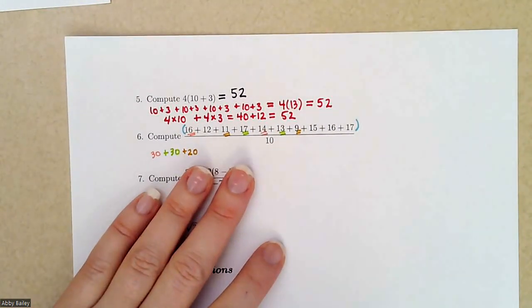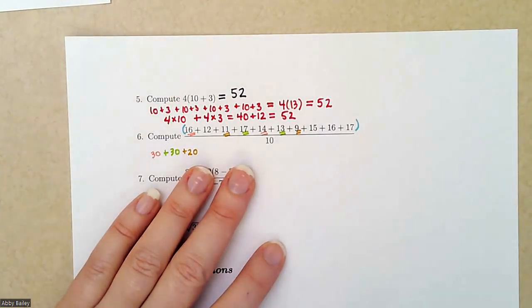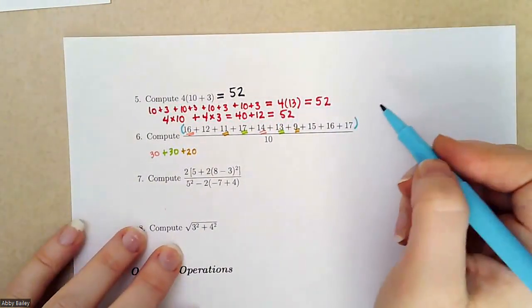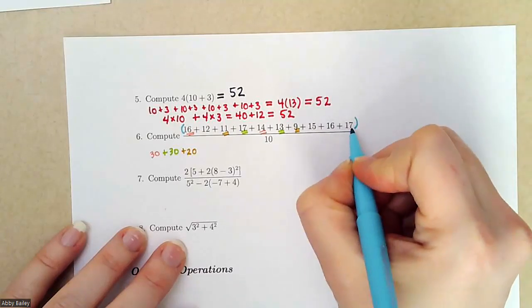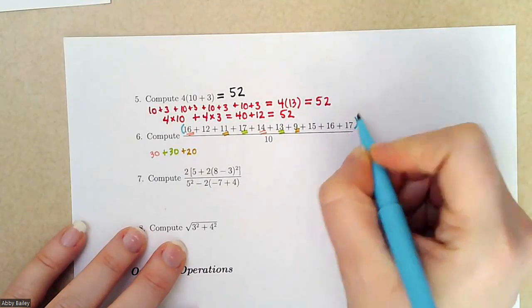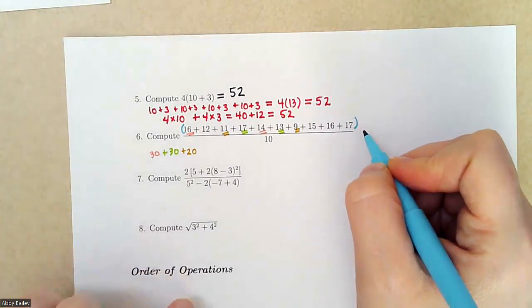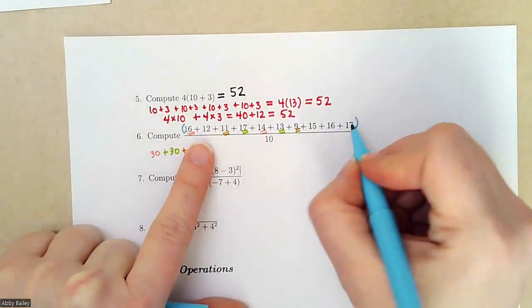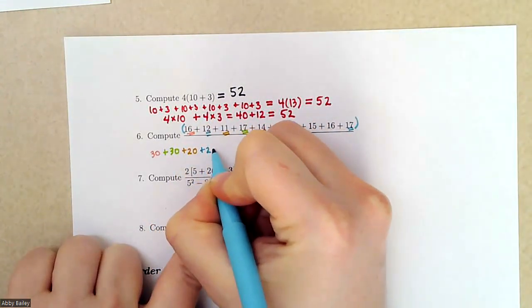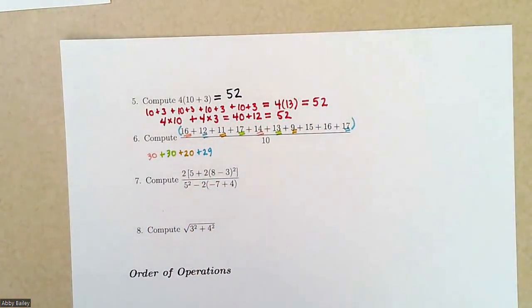The rest are like so-sos. So let's see. How about this 17 and this 12? That's 29.